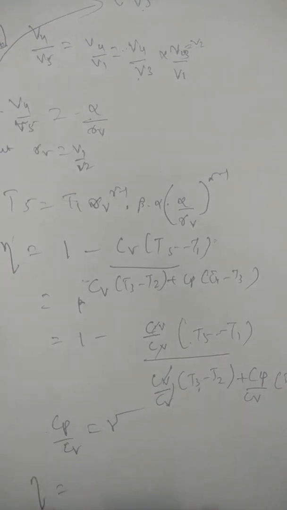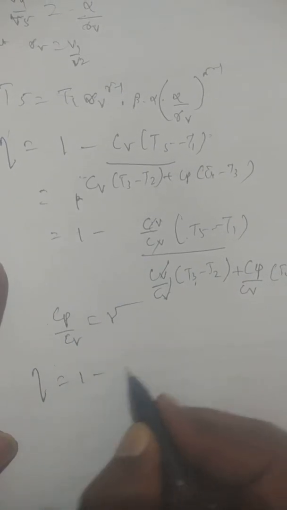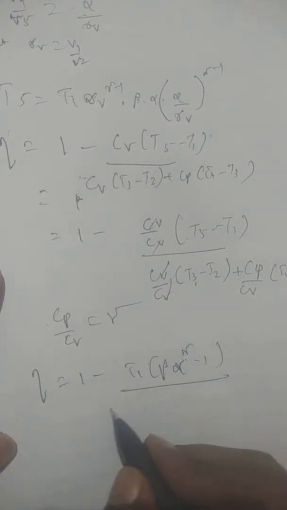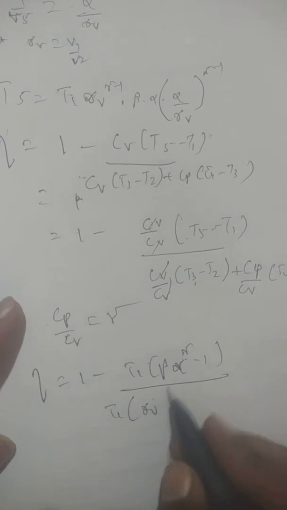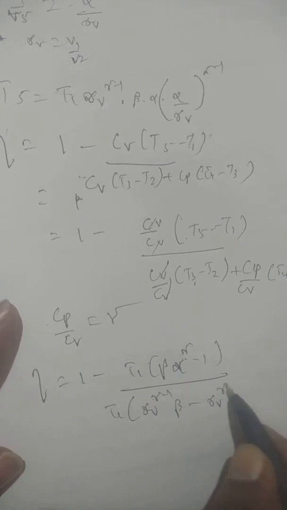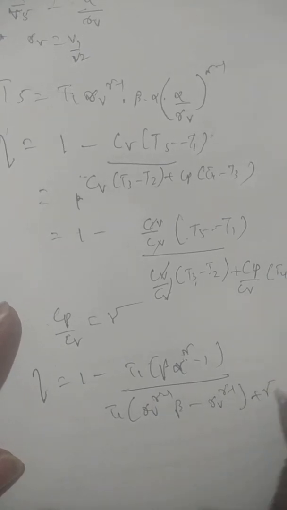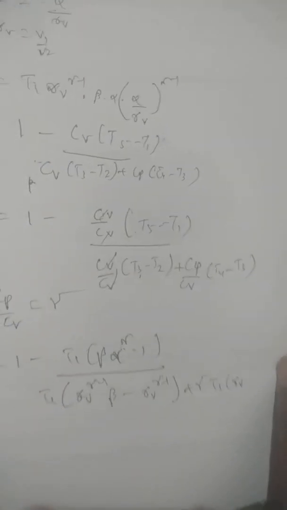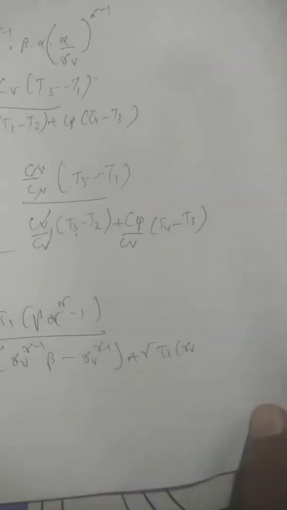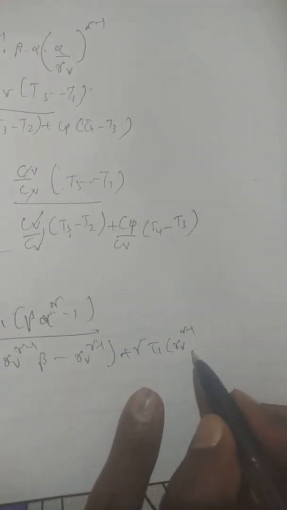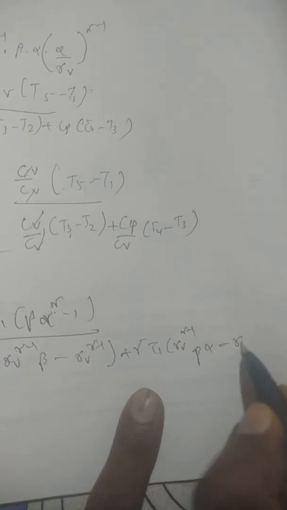Now thermal efficiency is equal to 1 minus T1 beta alpha to the power gamma minus 1 divided by T1 into RV to the power gamma minus 1 into beta minus RV to the power gamma minus 1 plus gamma alpha T1 RV to the power gamma minus 1 into beta alpha minus RV to the power gamma minus 1.